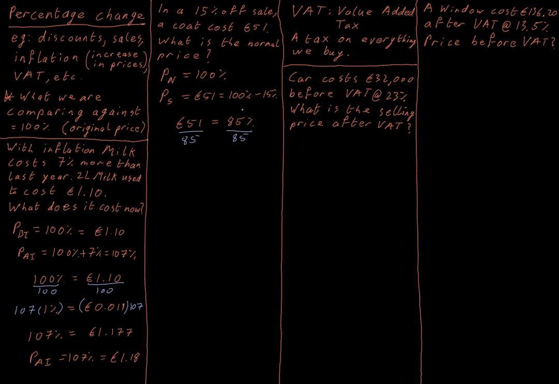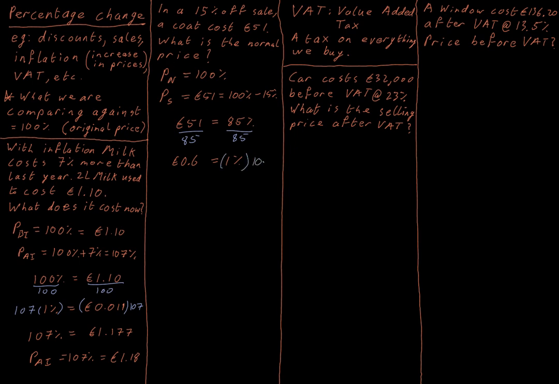So divide both sides by 85, because 85 divided by 85 will give me 1%, and then I can go back up to 100%. This is going to be our key all the time. Find 1% of something and then go back up to what we want. That's going to be 0.6 euro, or 60 cent. And then we multiply back up to get to our 100%, which is what we're interested in.